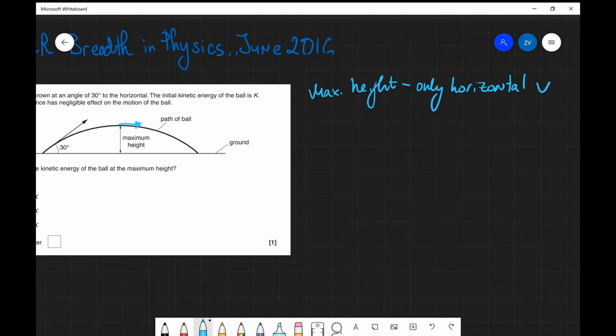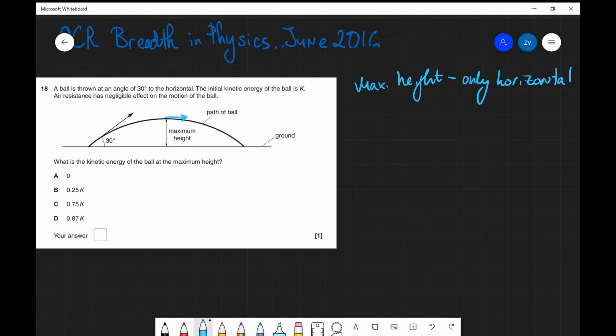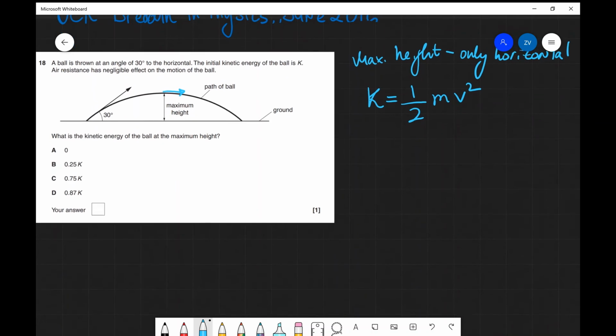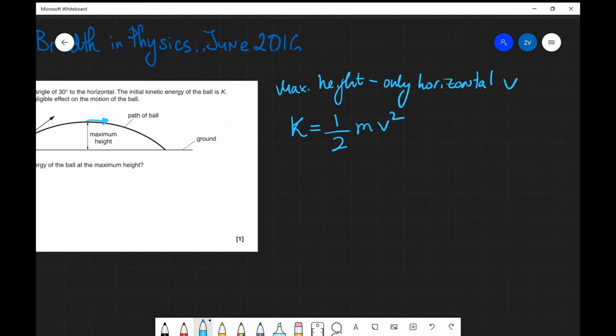It says that the initial kinetic energy of the ball is K. So we can say that K is equal to half mv squared. Let's say that the initial speed of the ball is v. At maximum height, there's only going to be horizontal velocity.